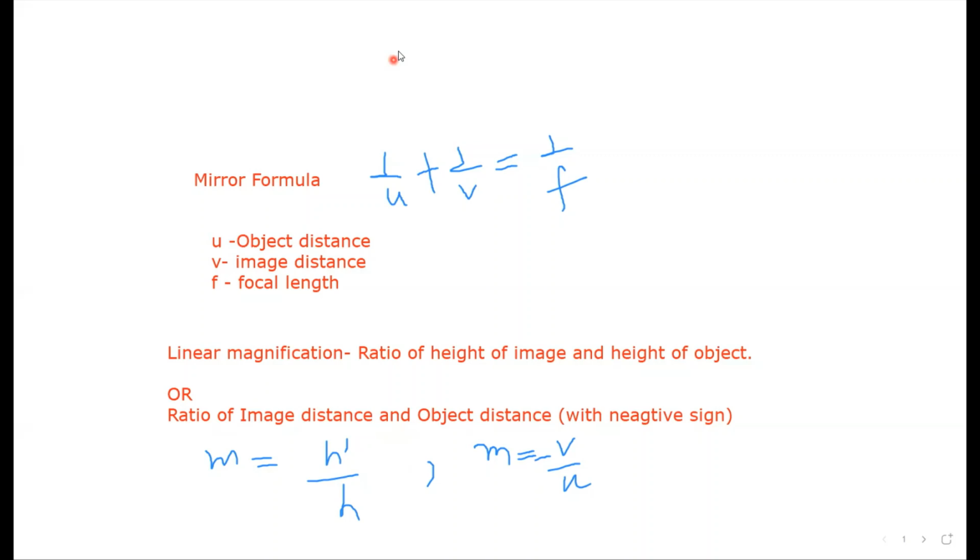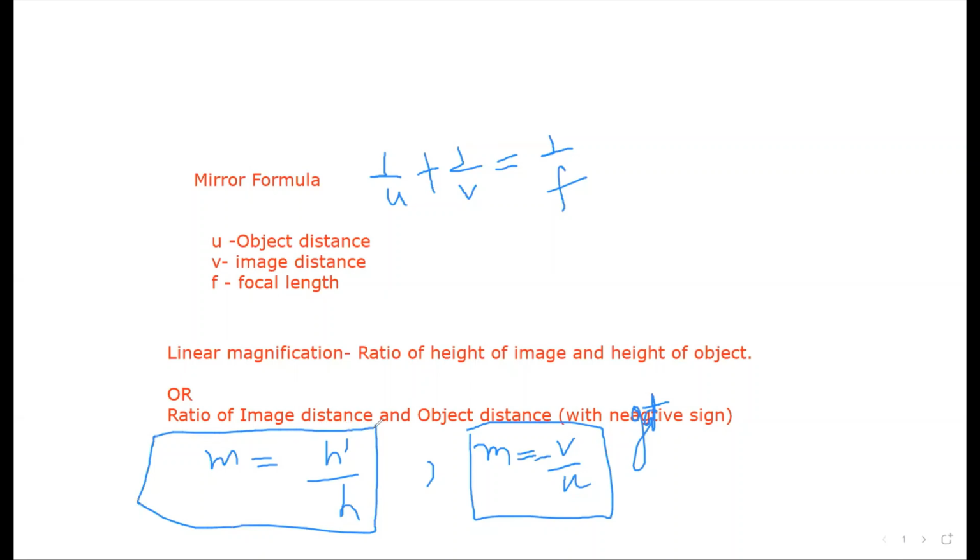That is, m equals minus v by u, and m equals h dash upon h, where h dash is the height of image and h stands for the height of object.